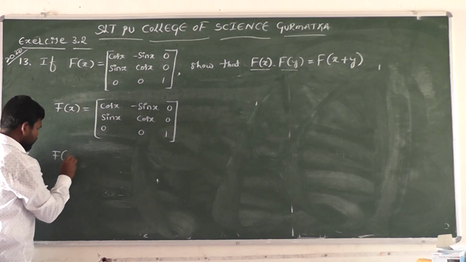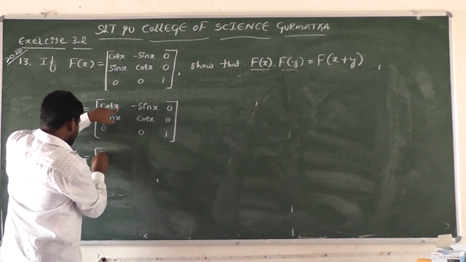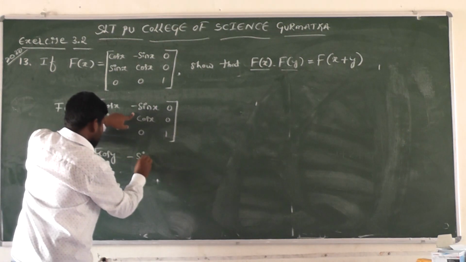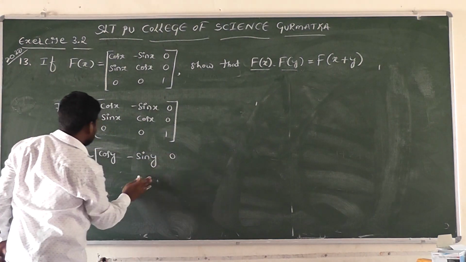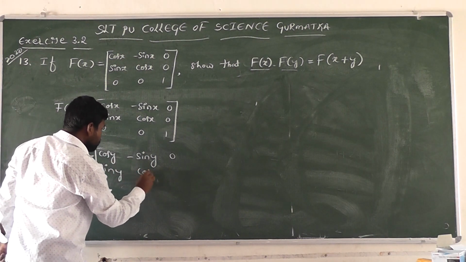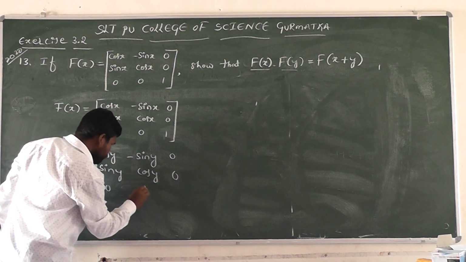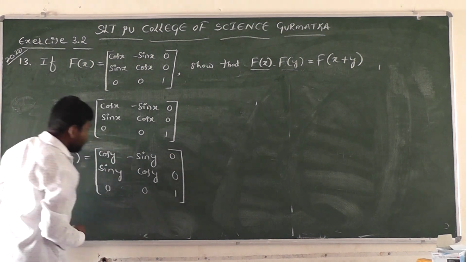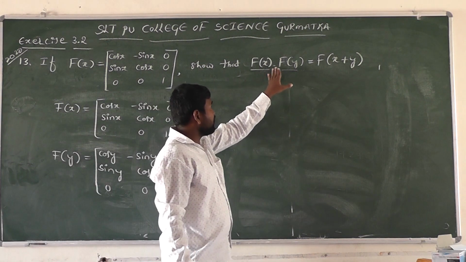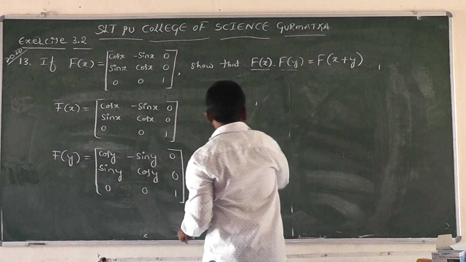F of y is equal to cos y, minus sin y, 0; sin y, cos y, 0; 0, 0, 1, right? Then what we have to do here, f of x into f of y, the product of the two matrices. We have to multiply these two matrices here, right?